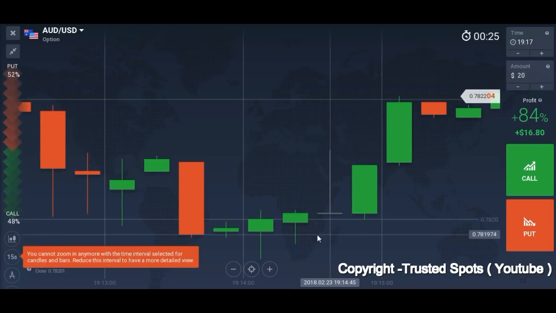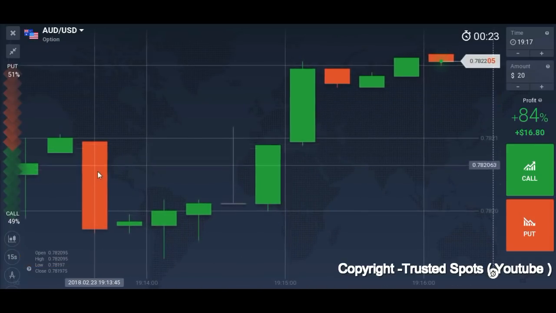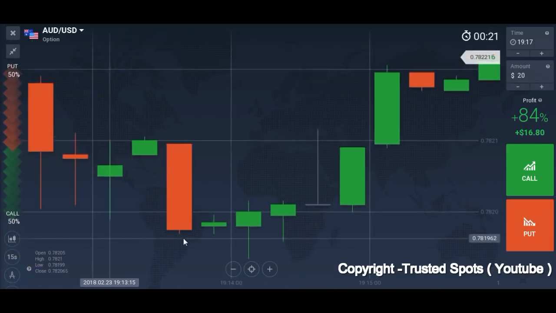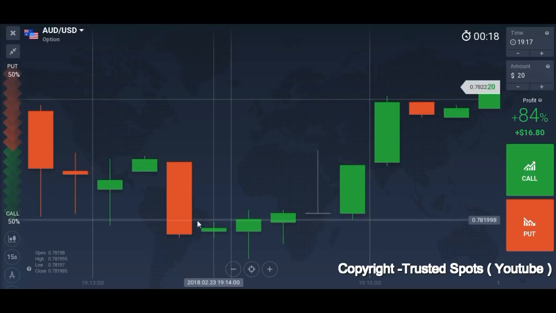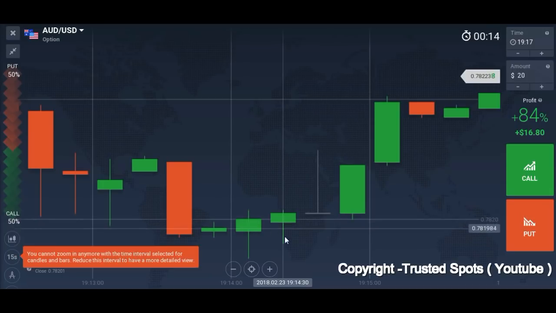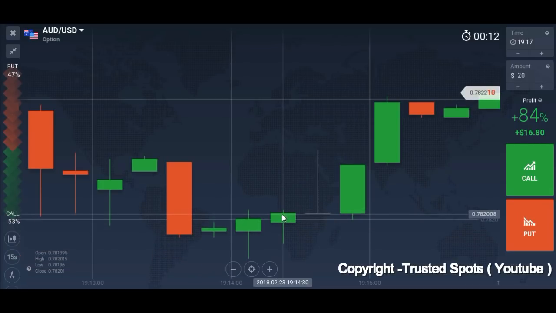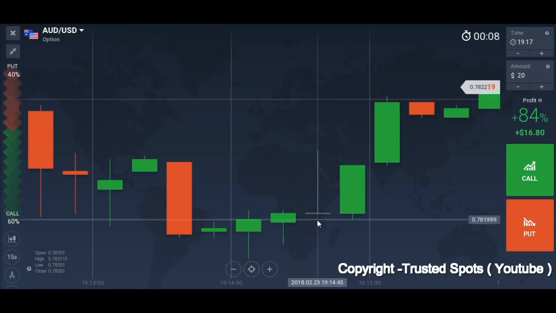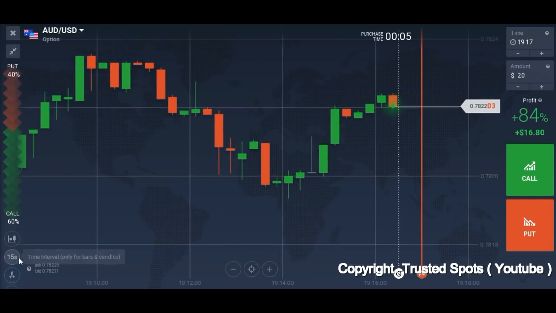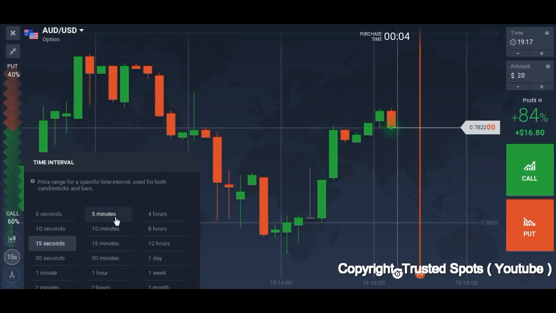As you can see, this red candle crossed the level, but the market again started to go up, and this hammer formed just at the support level. So I placed a trade without any wait, because I was very sure about the level.